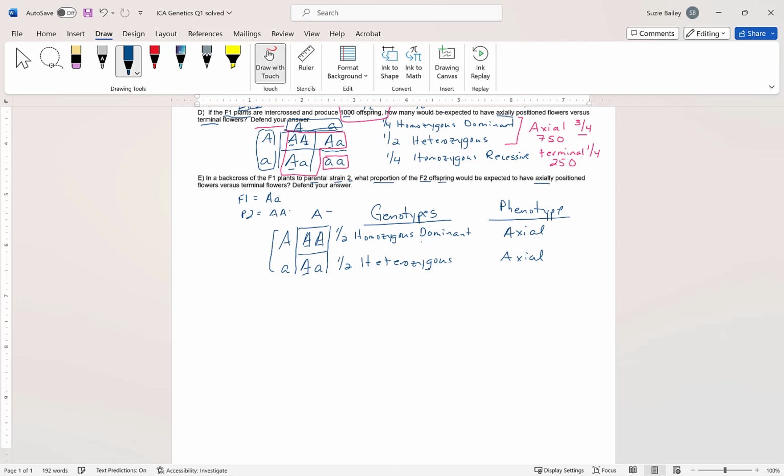So even though we have two different genotypes possible in that next generation, we actually have one phenotype possible in that next generation. So 100% of the offspring are expected to have axial flowers. 0% would be expected to have terminal flowers. And you could give that as a percentage or a fraction, whatever works best for you.